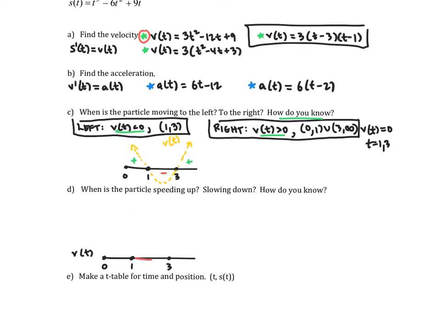And I know that the particle is moving to the left, or the velocity is negative, on the interval from 1 to 3. And I know the velocity is positive from 0 to 1 and from 3 and beyond. So I'll put velocity positive and velocity negative. Let's do the same thing for acceleration, and then we'll compare the two.